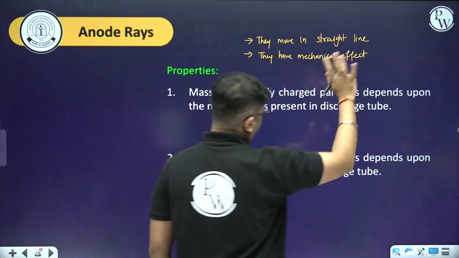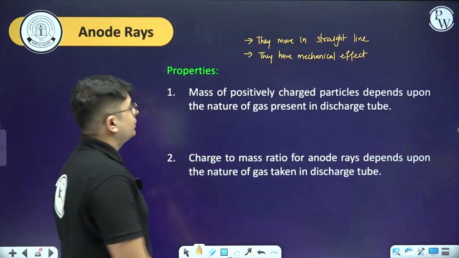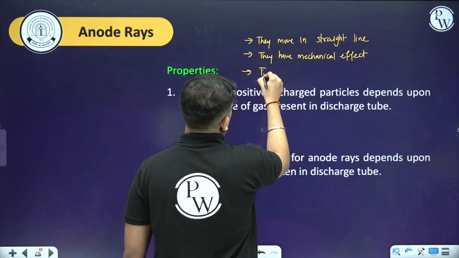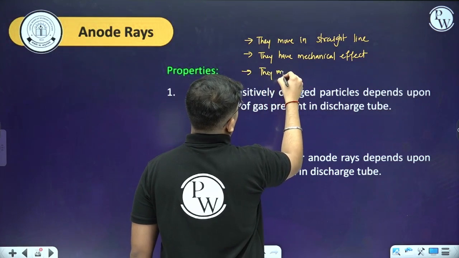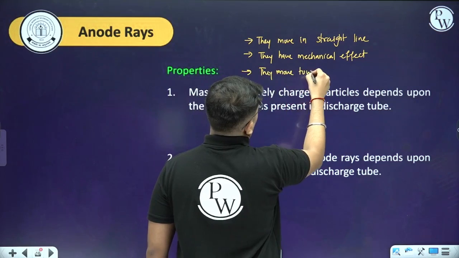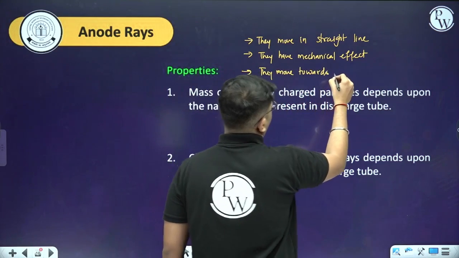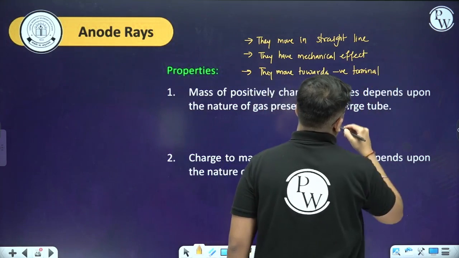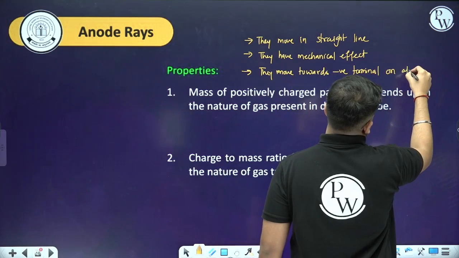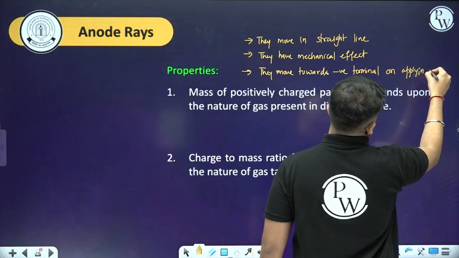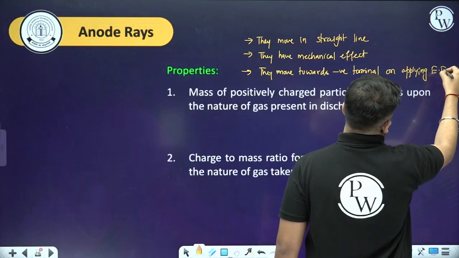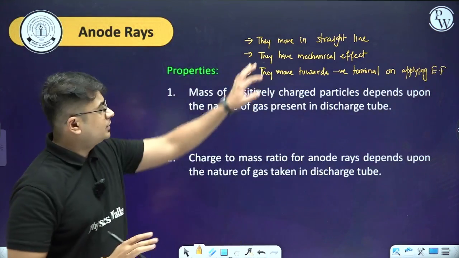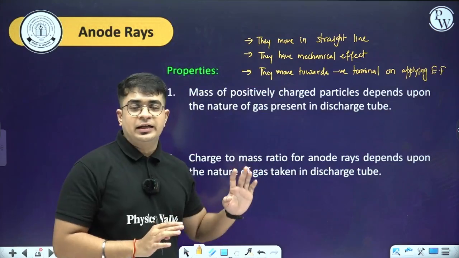Third, they move towards the negative terminal on applying an electric field. So these are the three things exactly the same as the cathode rays.